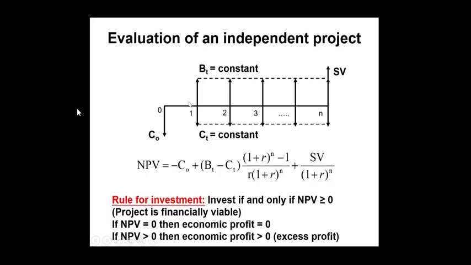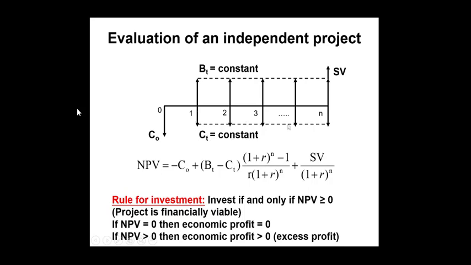Okay, and at the present time, that means period 0, we have to invest some money, C0. That is the initial investment. And from year 1 to year n, we have the cost.